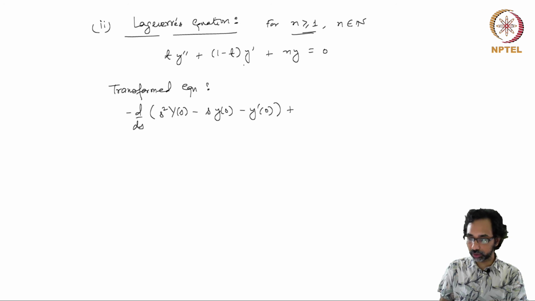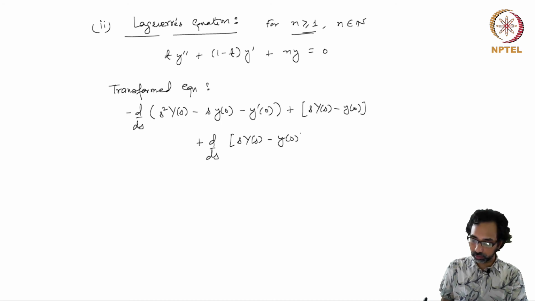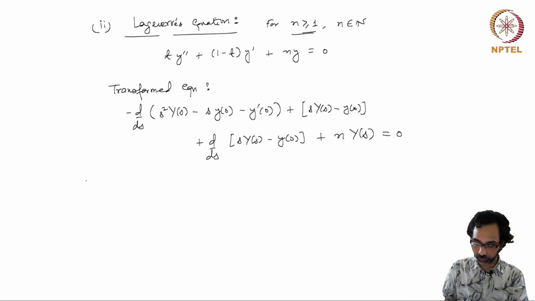Then the second term has two terms. First is y prime. So for y prime you get sY(s) minus y(0), and the other is minus t y prime. So for that you get plus d over ds of (sY(s) minus y(0)), and the last term is simply n times Y(s). This is equal to 0.